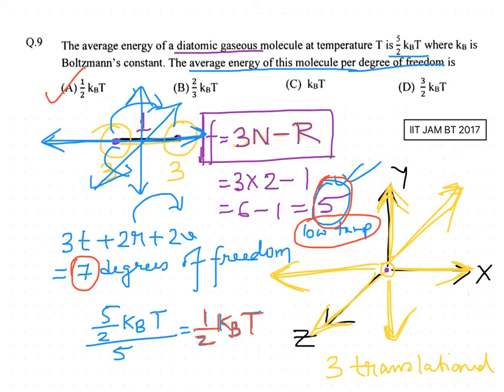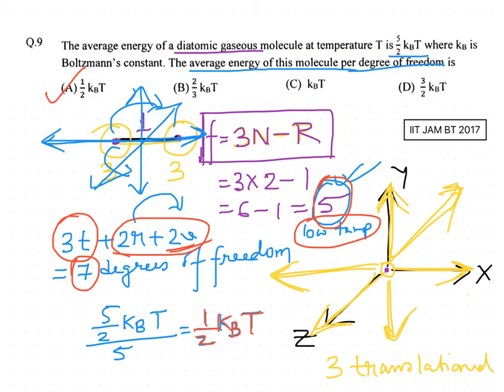Above that, the 2 vibrational motions are possible, so the number of degrees of freedom is then 7. Below almost 100 Kelvin, only 3 translational motions are possible; the 2 rotational and 2 vibrational motions are not possible.